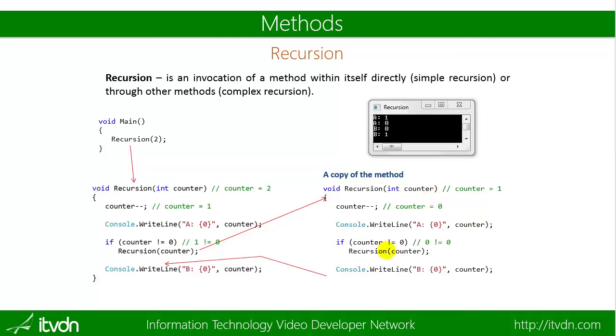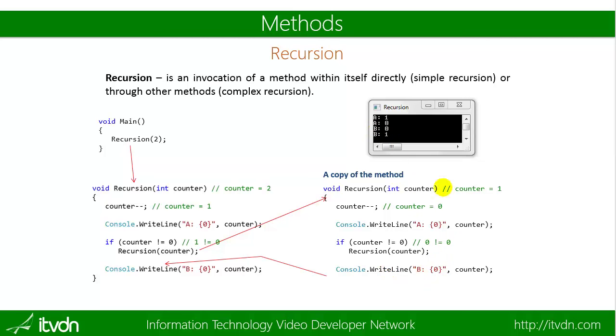If counter is not equal to 0, recursion. That means run it one more time. But counter is equal to 0 now. We can't run it again. So what do we do? Console.WriteLine B, counter. So we have it here too. Counter now is 0. We put counter into here and you have B colon 0.